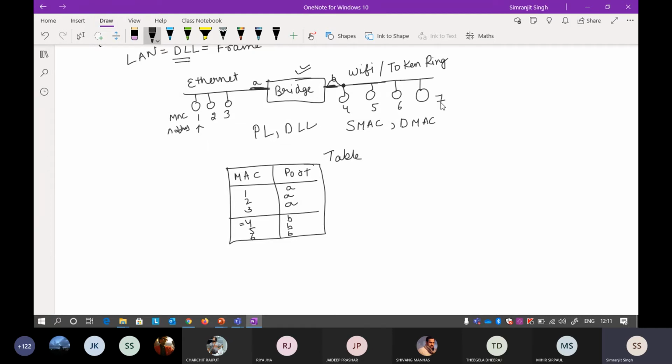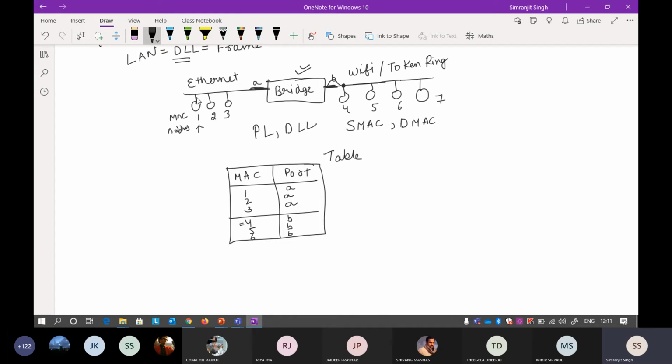Because it's a Wi-Fi LAN, you just enter the password and connect to the Wi-Fi. Now a new device is introduced inside this LAN, and it wants to send a signal to 7.